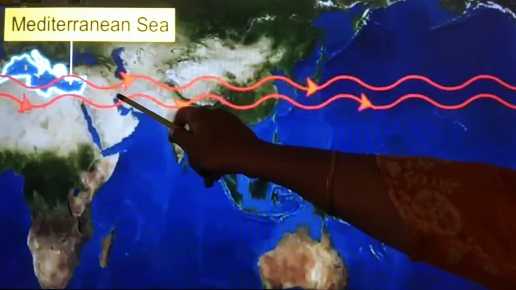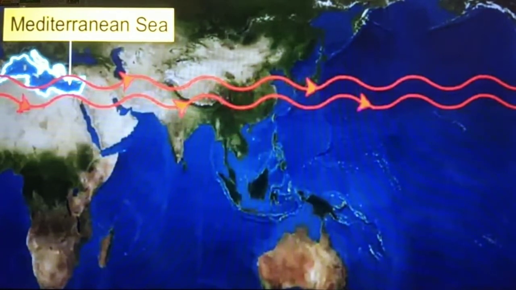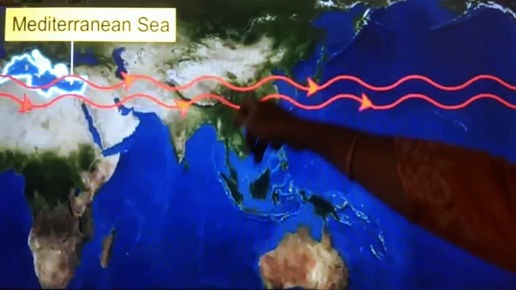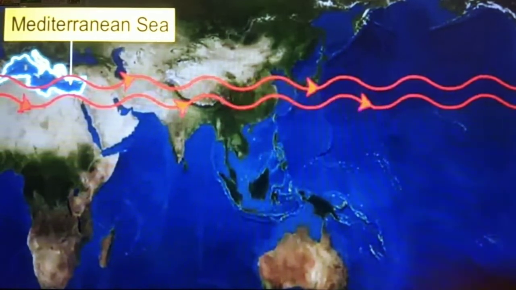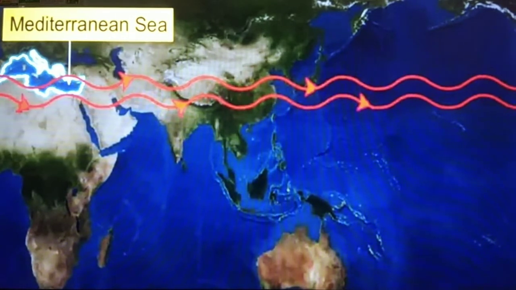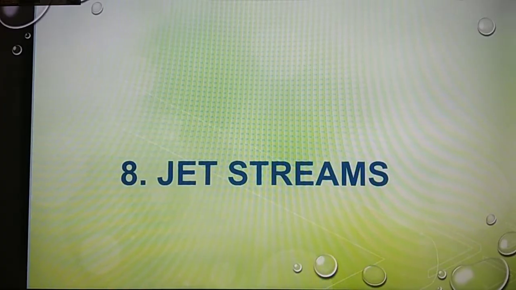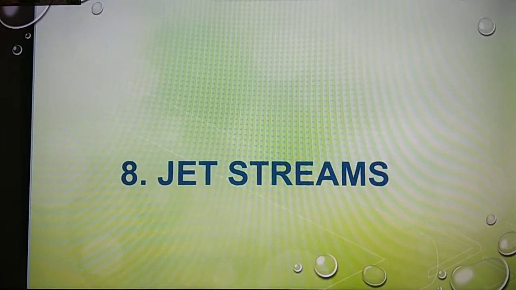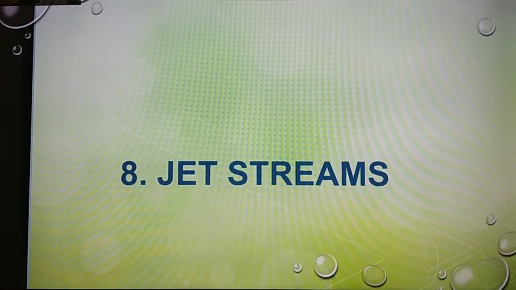They bring rainfall to the northern plain and snowfall to the hilly area of India. The western disturbance is also called a temperate cyclone because it originates in a temperate zone. And next, very important, these temperate cyclones bring a mild rain which is very good for wheat cultivation. Now the eighth factor which is deciding the climate is the jet stream.